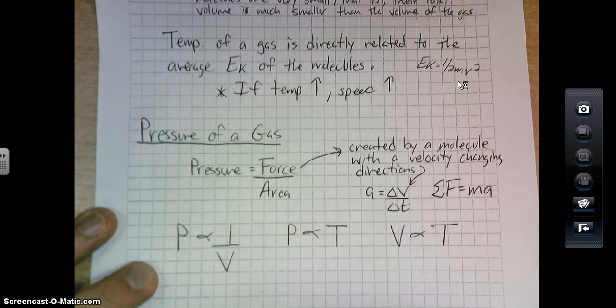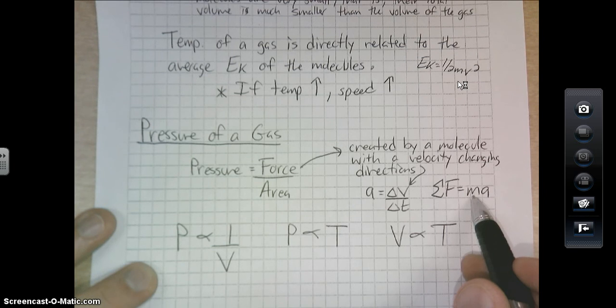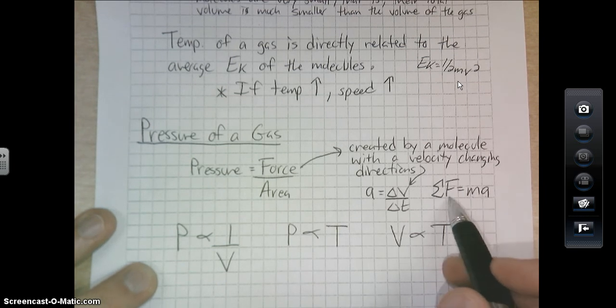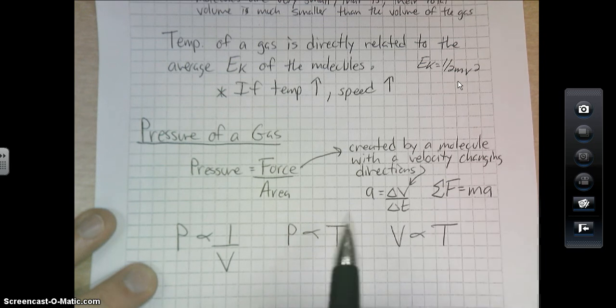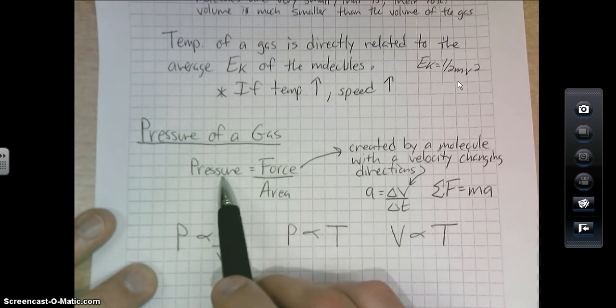Well, okay, a change in direction, a velocity change, is known as an acceleration. So if you have an acceleration, then you would have to create a force. The molecule itself has mass, and it accelerates when it bounces off something, therefore it creates a force. And as long as you have a force over a certain amount of area, you've got yourself a pressure.